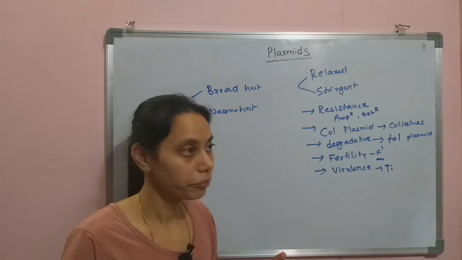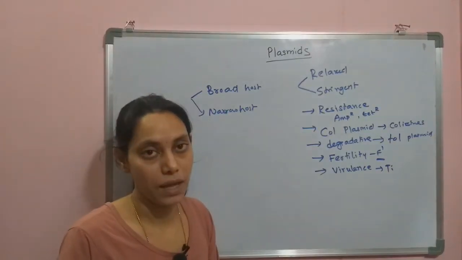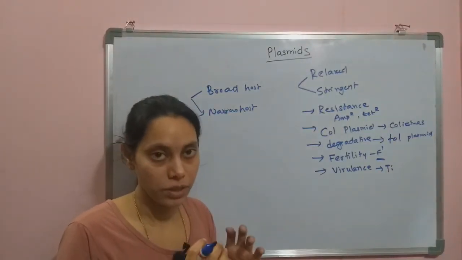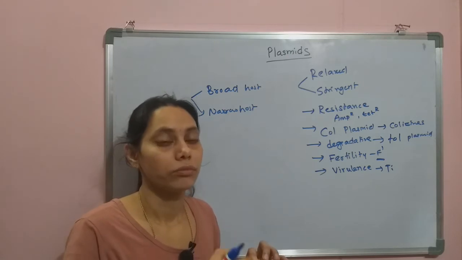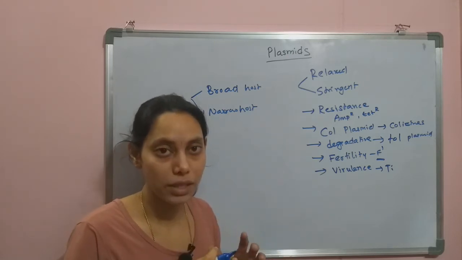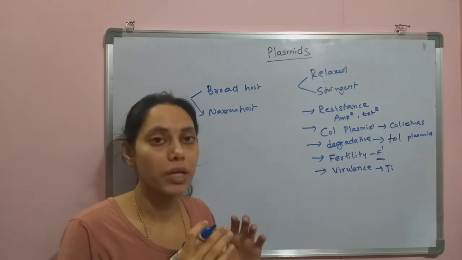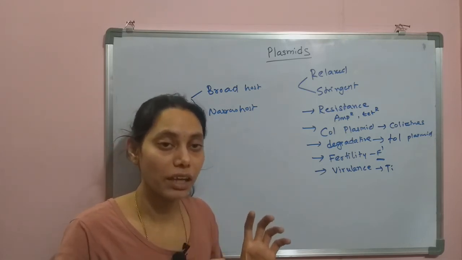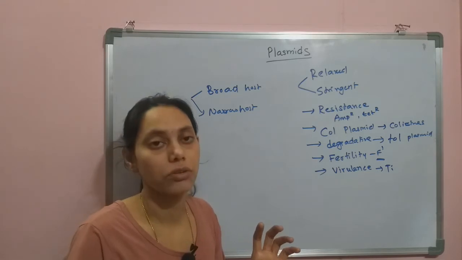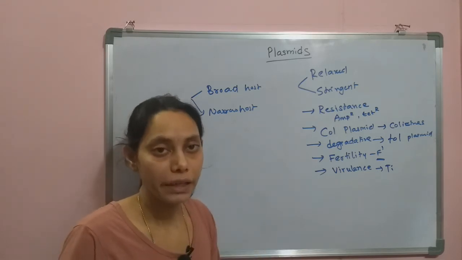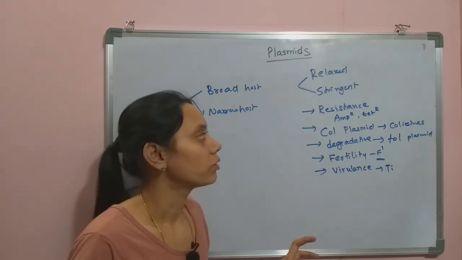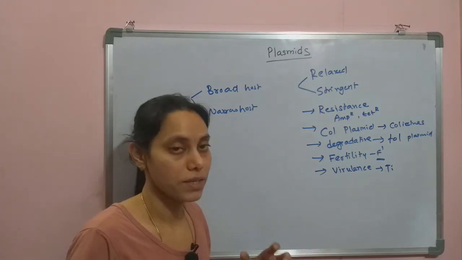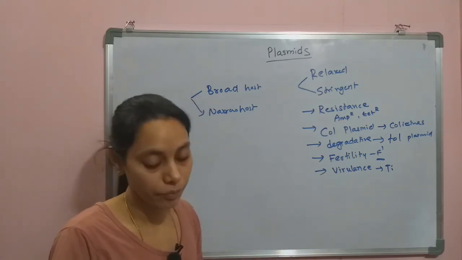And there are suicidal plasmids, with the property that they cannot maintain themselves. Because of the suicidal nature, if they are transferred from one bacterium to the other, eventually they degrade. So that is how plasmids are divided based on their function.